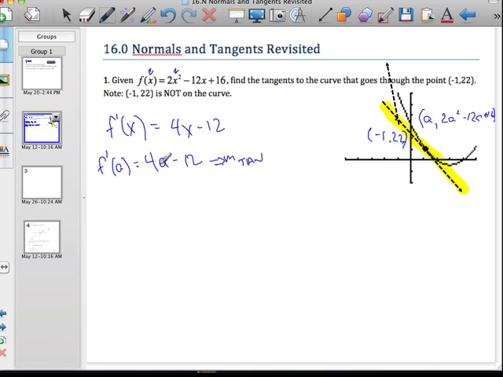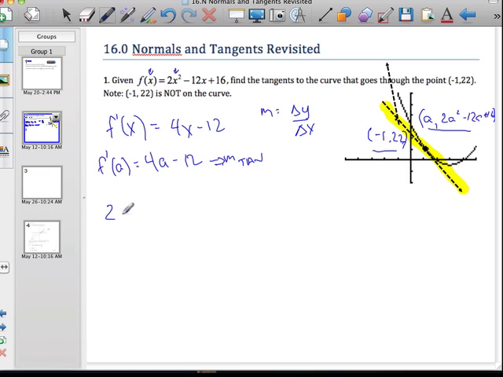But my problem is I don't know what A is. And so I want to think of another way to find my expression for the slope of the tangent. And I know from early on in mathematics that slope is always the change in y over the change in x. Well, I have a point here and a point there. So let's do our change in y over change in x.